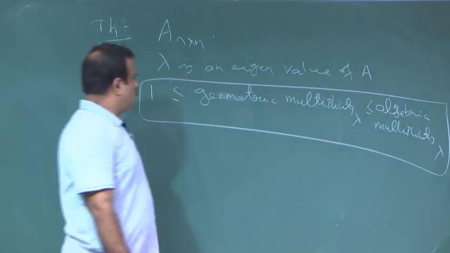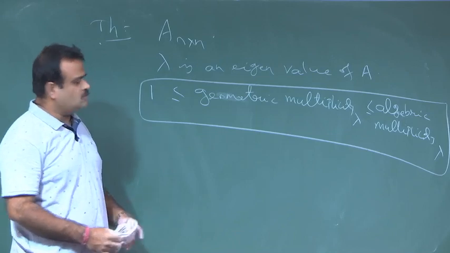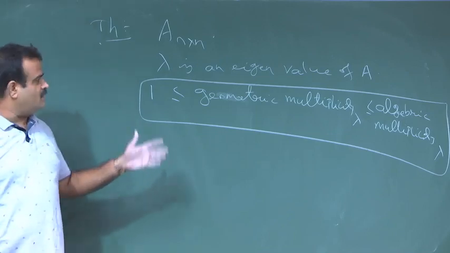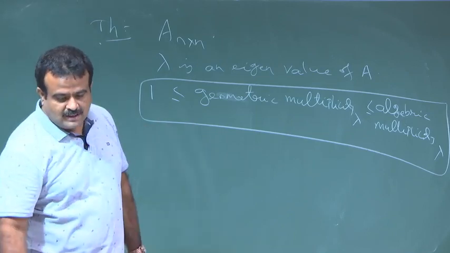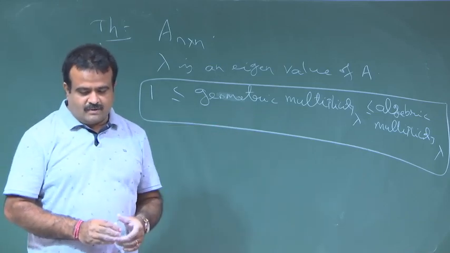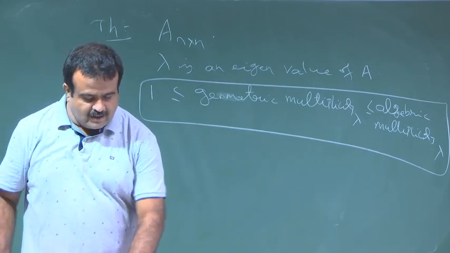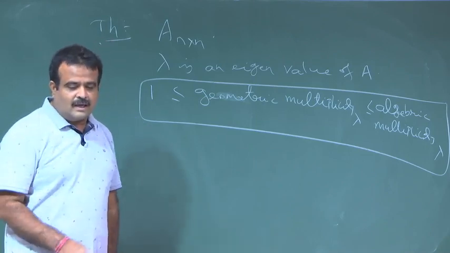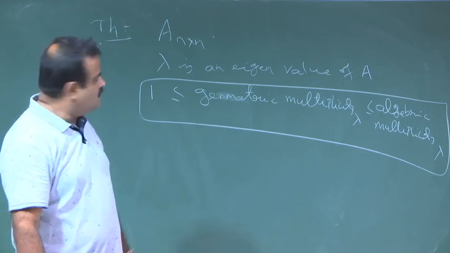We are not going to prove this, the proof is there in the textbook. So, geometric multiplicity is always less than or equal to algebraic multiplicity, and lambda is called a regular eigenvalue if these two are the same.